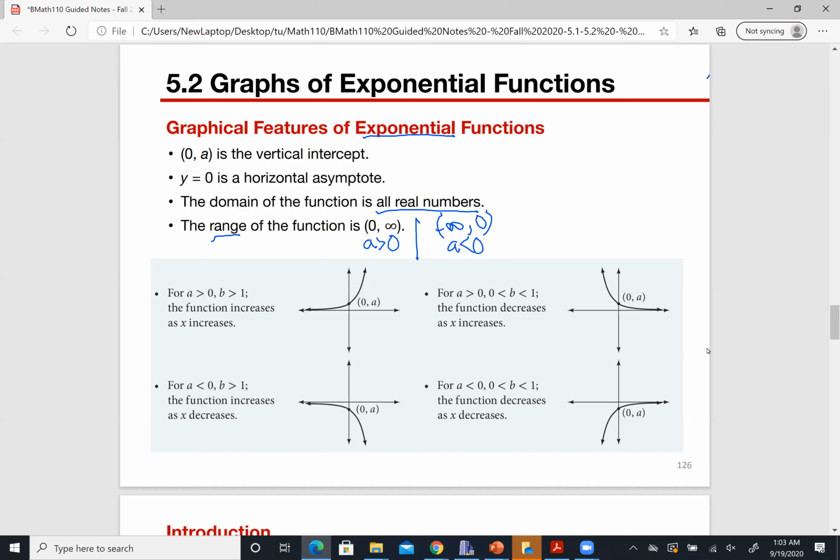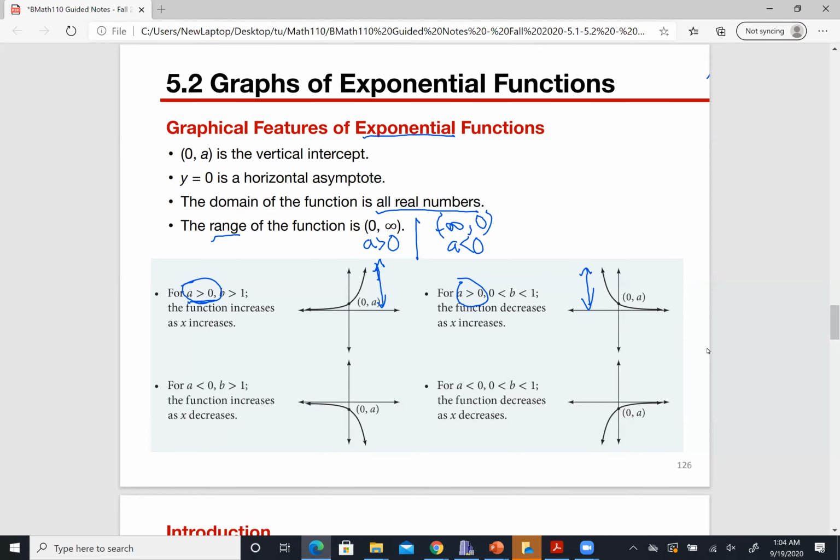You can see that the range of the function will be greater than 0, not equal to 0, right? Greater than 0 and keep going up to positive infinity if a is greater than 0. If you look at the range of the function, it goes from 0 to positive infinity in both of these cases, and both of these give you a greater than 0.